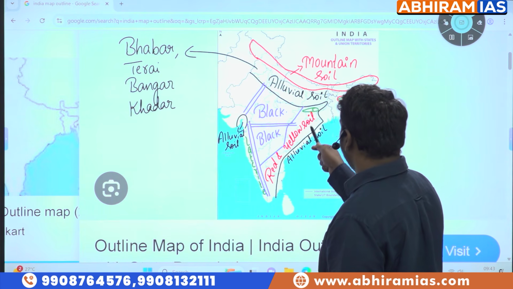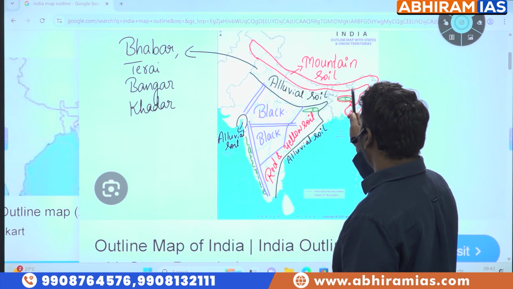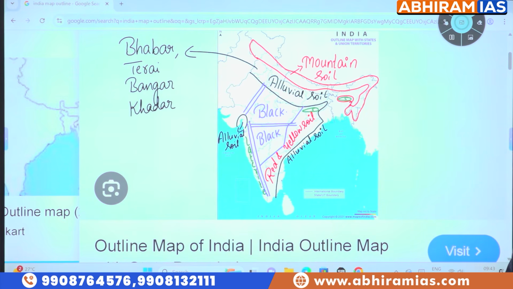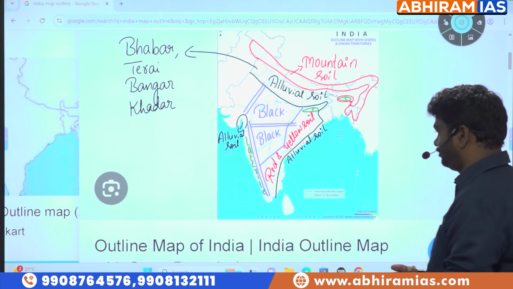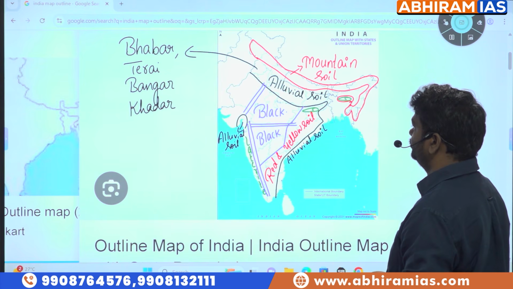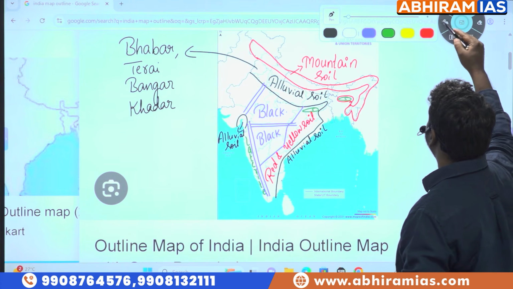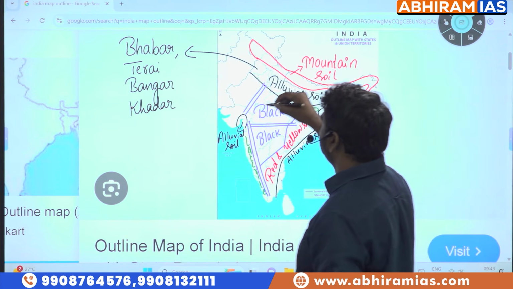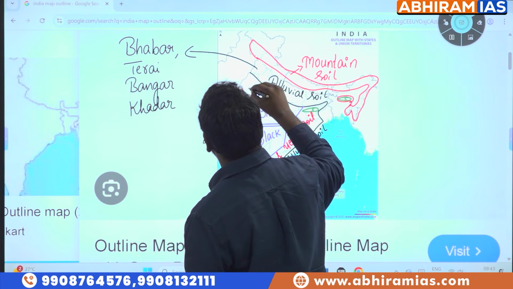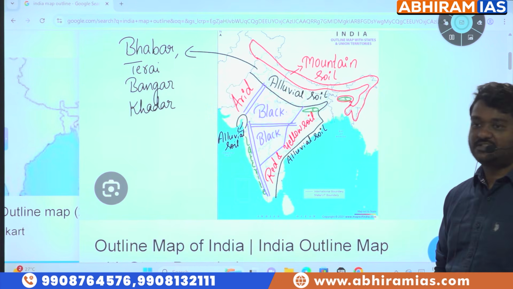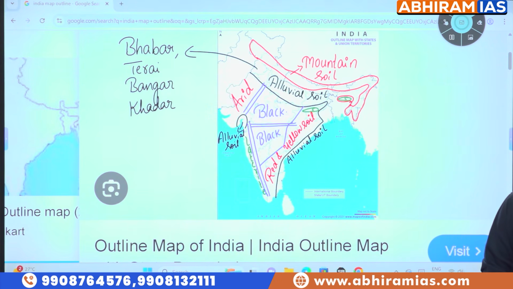West coast, Chota Nagpur Plateau and Meghalaya Plateau. Rajasthan region, which soil? Arid soil. Okay, Rajasthan region, arid soil.